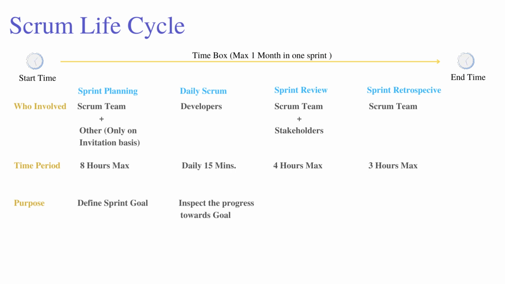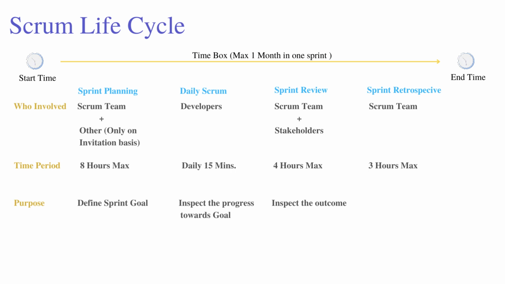Now daily Scrum. The purpose is to inspect the progress towards the goal. The purpose of a daily stand-up meeting is to learn the current progress of every team member that works on a Scrum task. Next is sprint review.